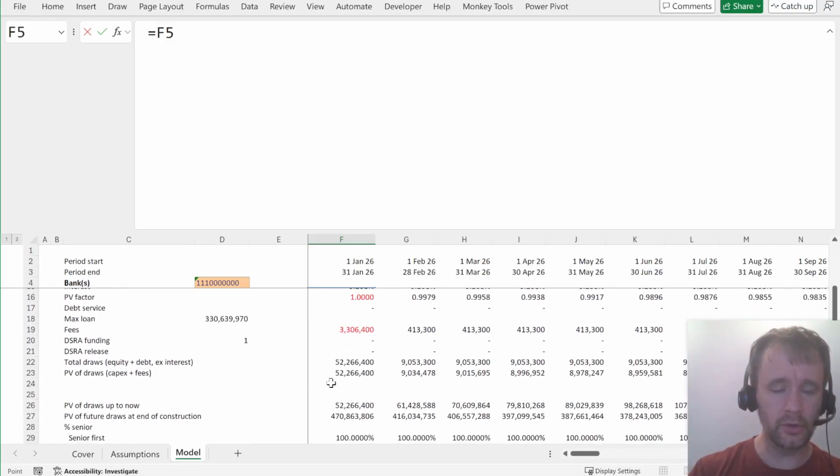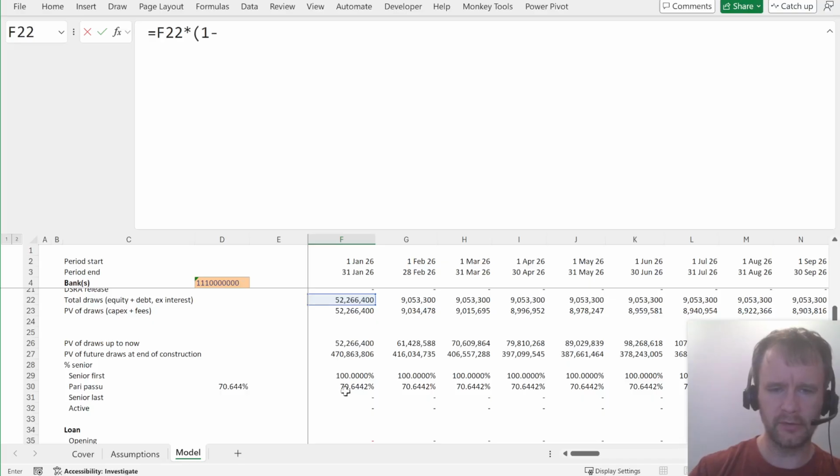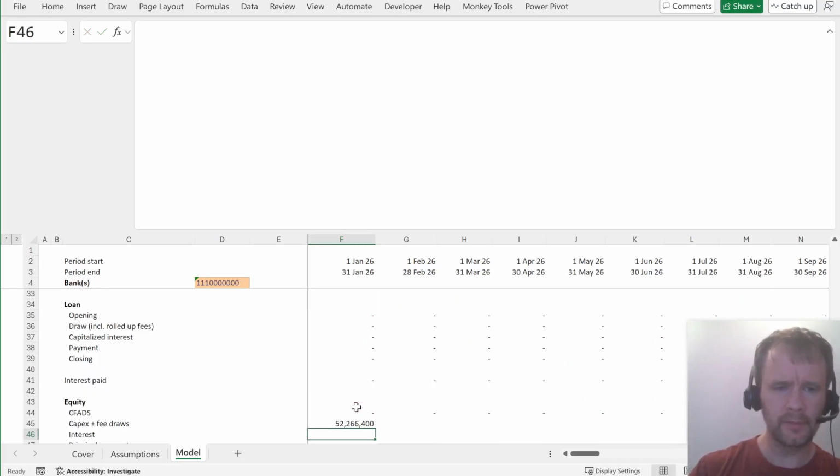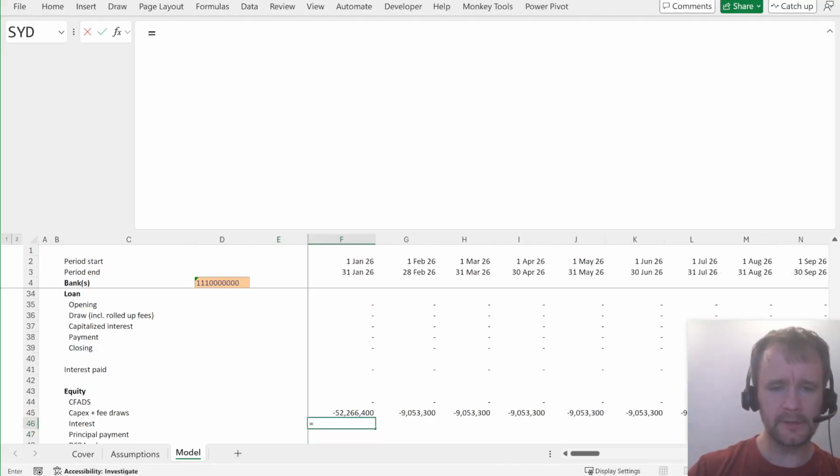So the draws is the draw times 1 minus the active percent. CapEx, yes, good. Then interest paid is, and sorry, this is negative to equity, obviously. So we carry that across. Then the interest is going to be minus this. Carry that across.